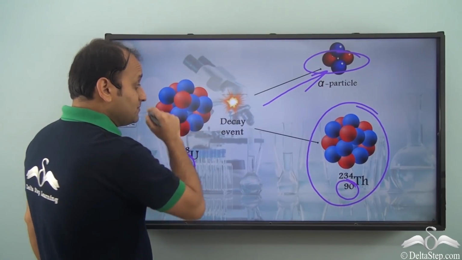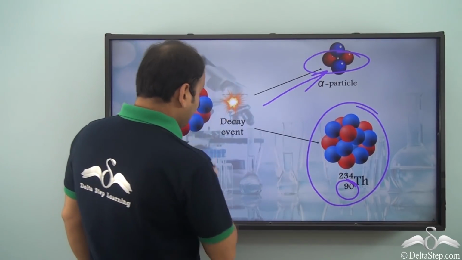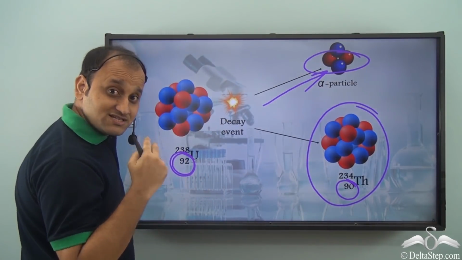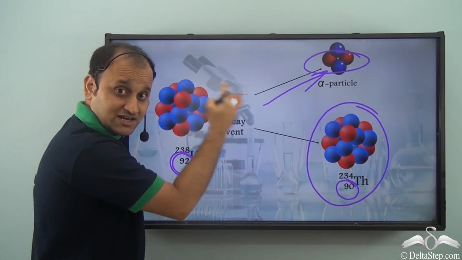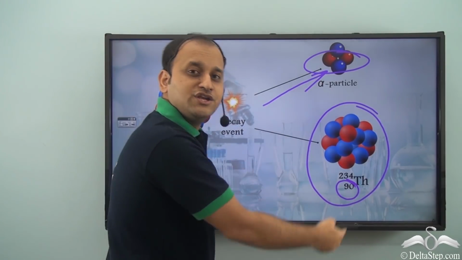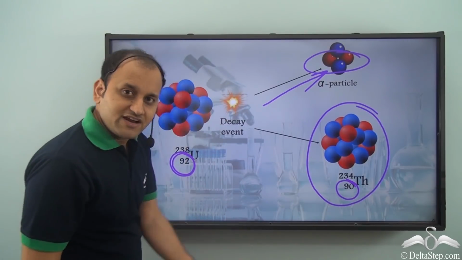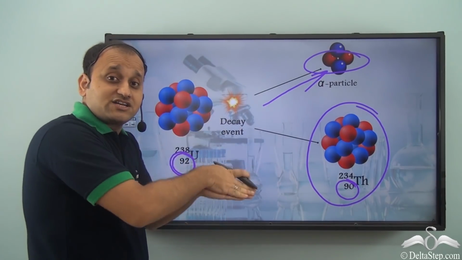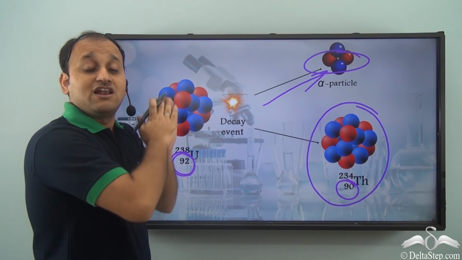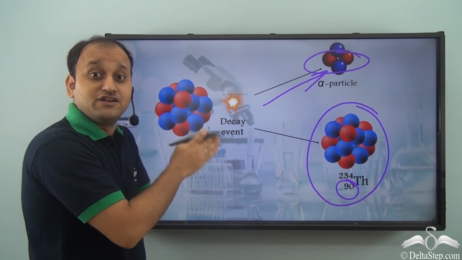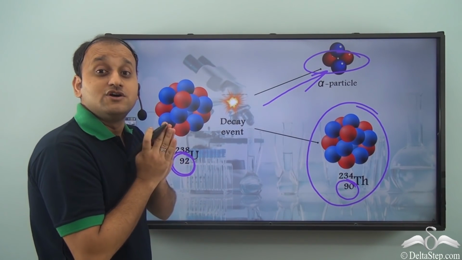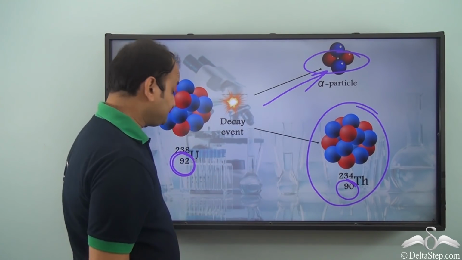So when uranium undergoes decay, the nucleus loses 2 protons, the atomic number changes, and we have a new element. So every time a radioactive decay occurs in which an alpha particle is released, we'll have a new nucleus which will have 2 protons less.